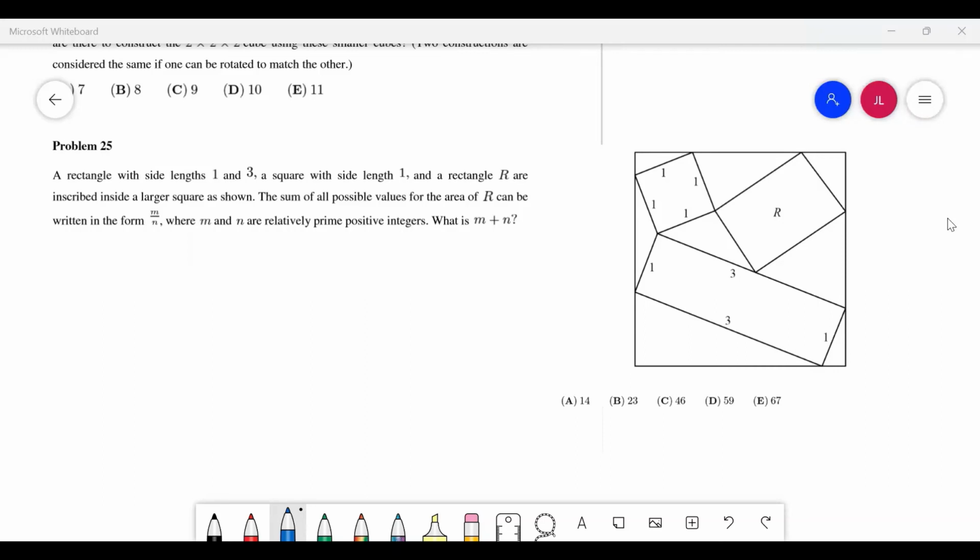By investigating the diagram, we can find quite a few similar right triangles. So now we start looking at this right triangle here. In this right triangle, we have this leg we call A, this side called B, and the hypotenuse is 1, right?